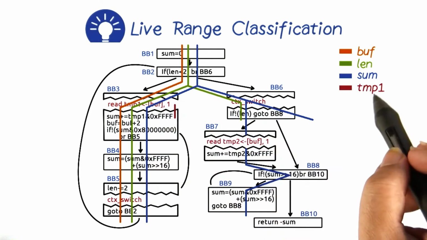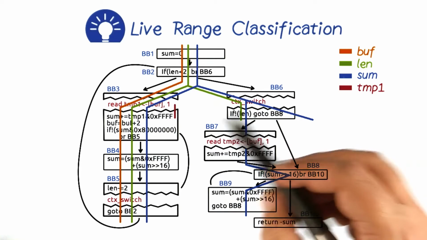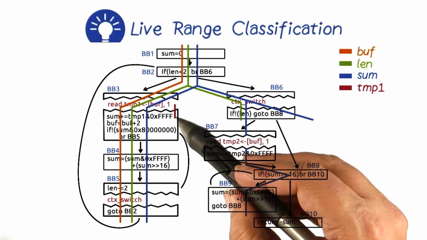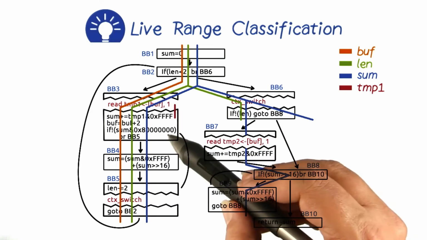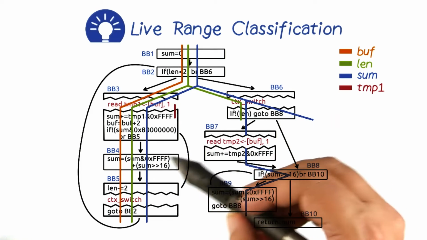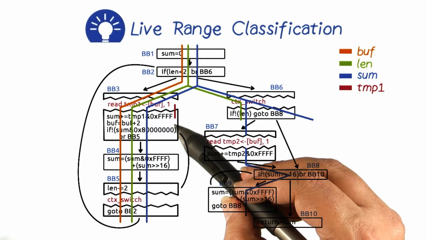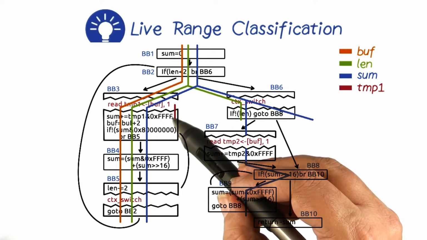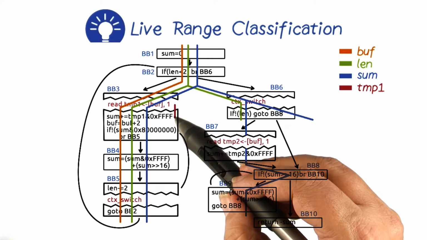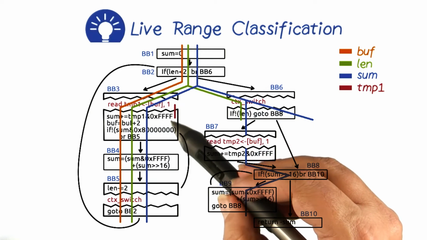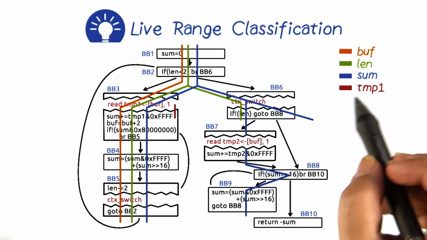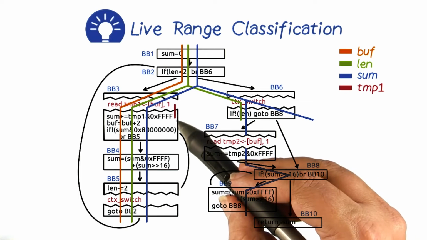However, if you look at the next live range, TMP1, it starts here and ends here. And this is something which is completely lying within an NSR. It is not crossing a CSB, context switch boundary. And therefore, this type of range, which is temp1, could be safely allocated to a shared register.